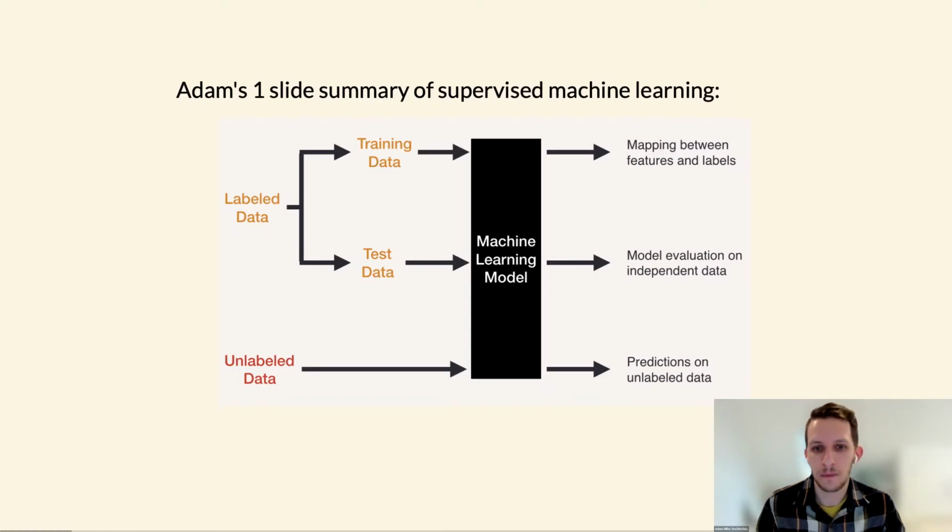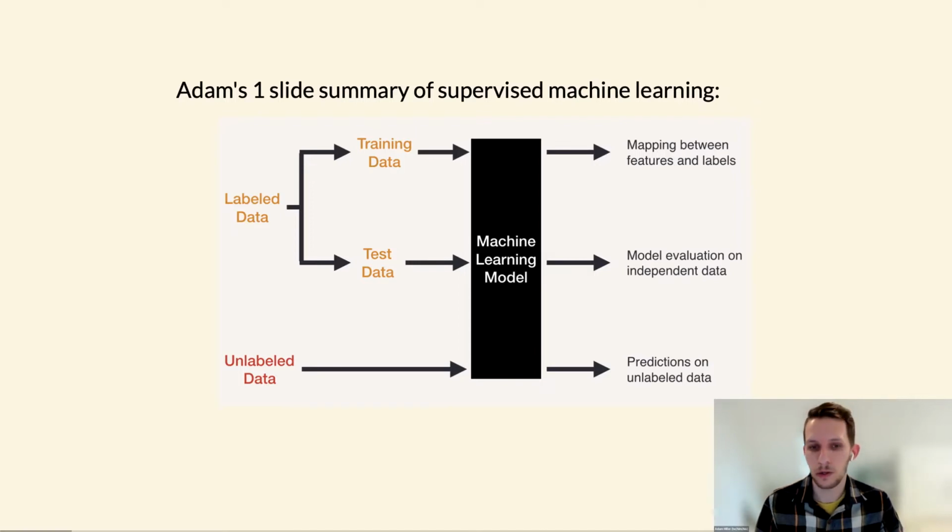The training data is then passed into the machine learning model. And the model, using the features and the labels for the training data, develops the map, develops the rules for how you go from inputs to outputs in order to build the model. Now, this split of the labeled data into the test data is how we can control against overfitting.